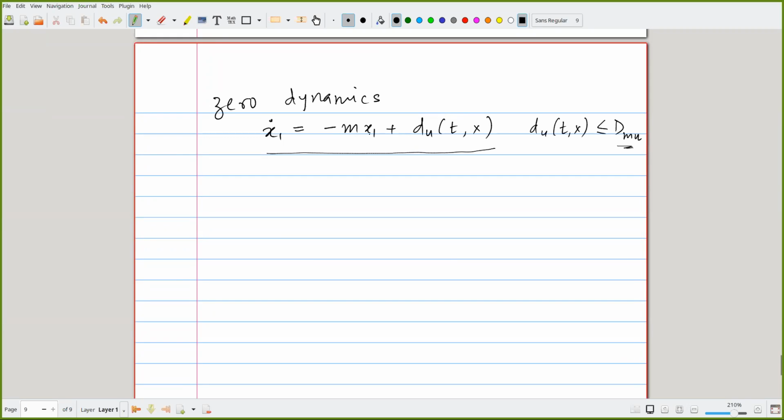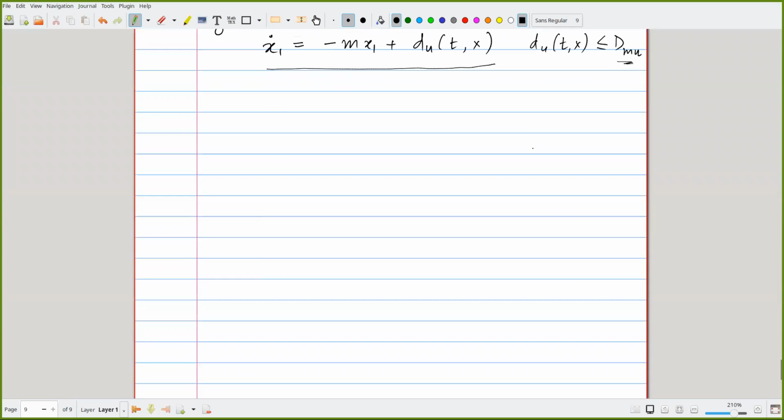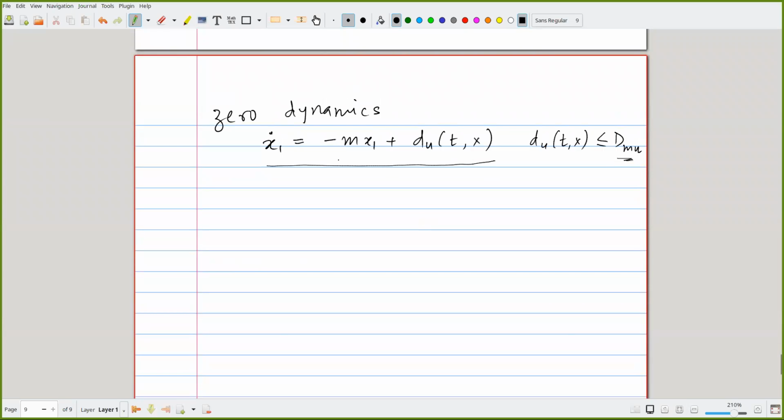What can happen though is x2 can reach zero, because this is basically x2. This you have as x2, and if you need the stability on x1 only, then what you can say is that if you want x1 to be zero, then you need x1 dot to be zero, the derivative of x1 has to be zero.